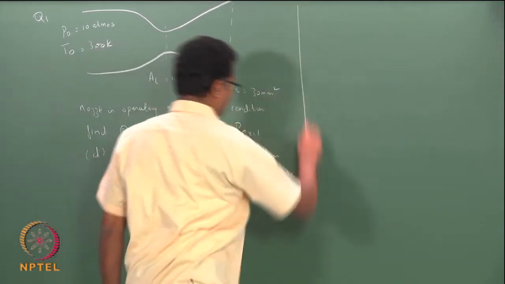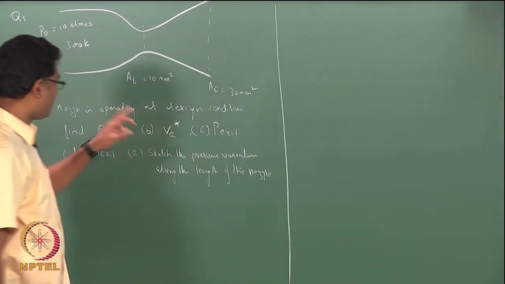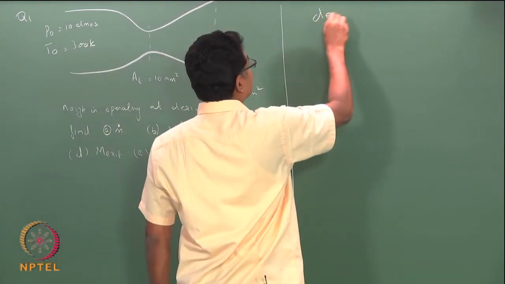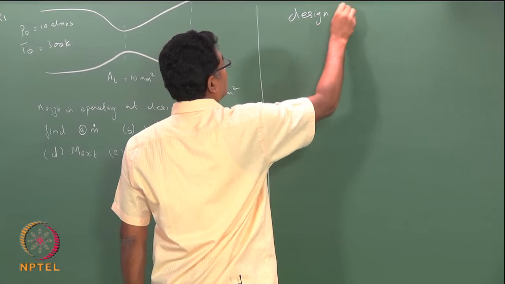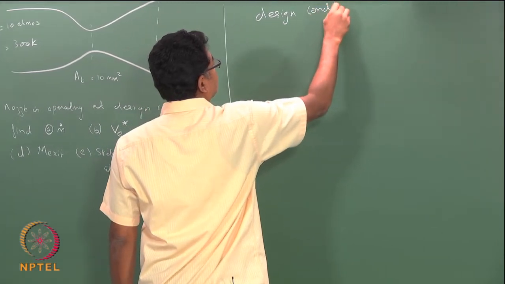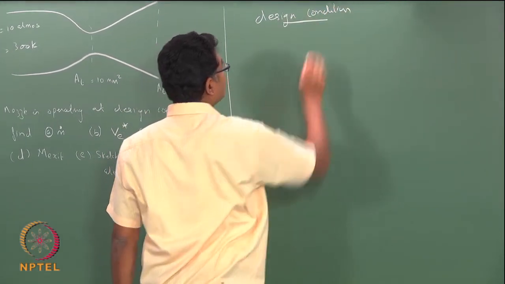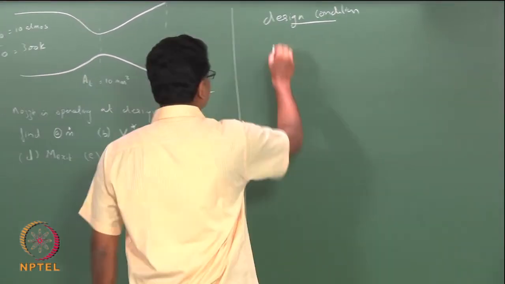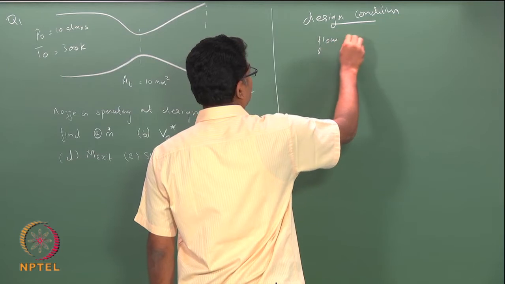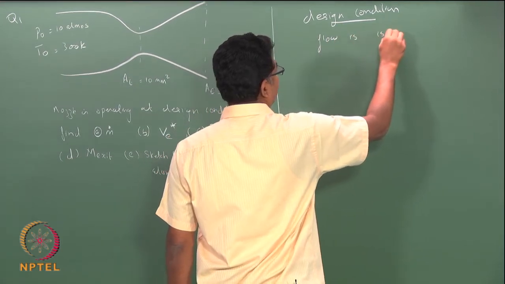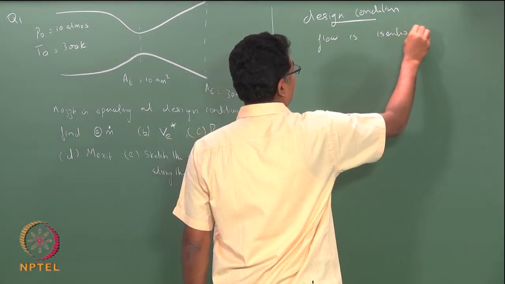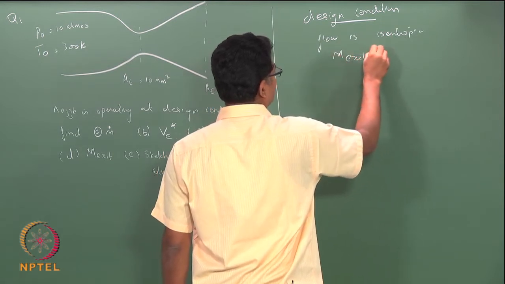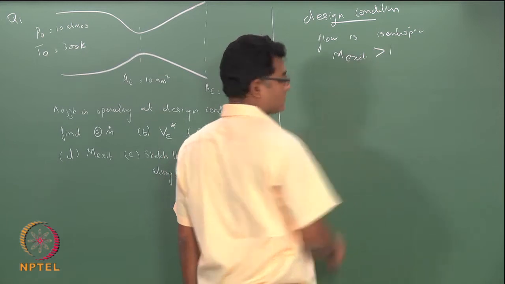So, first information is operating at design condition. Okay. When you read this, the first thing that comes to your mind is flow is isentropic and your M exit is supersonic.